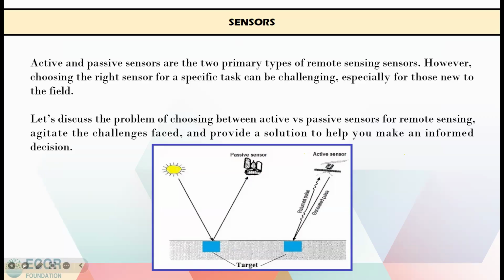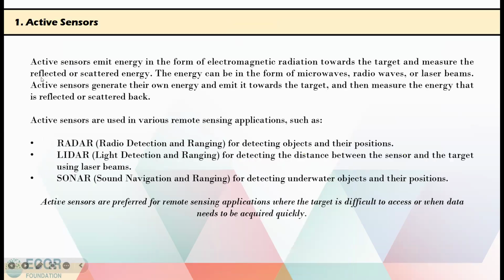So here are the active sensors. Active sensors actually send out their own energy, like microwaves, radio waves, or laser beams towards the target and measure the reflected signal. They have their own source of energy. That is the main thing. And they work well in all weather and lighting conditions, irrespective of any weather condition.